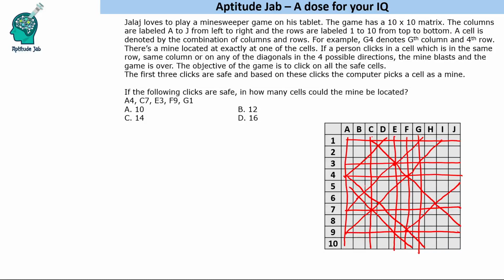You can verify if it is going correct, because for F9, F to J is 4 and 9 to 5 is also 4. So that is correct. And the second diagonal is like this only, which is overlapping with another diagonal. And then G1, this is the one. The diagonal is already made like this. Another diagonal is like this, right?